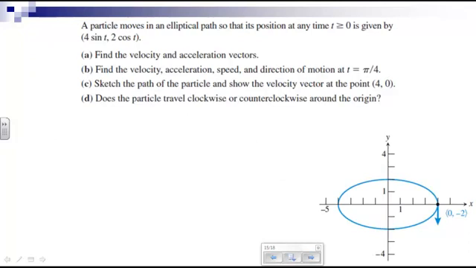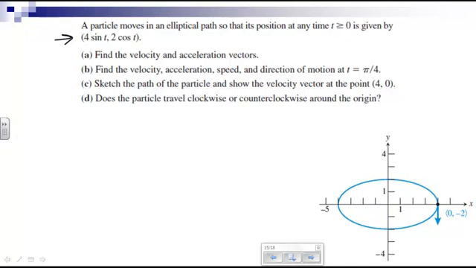This is another one where we start at a location. This is the position vector, and we need to find all these other things. Should we blow through this?